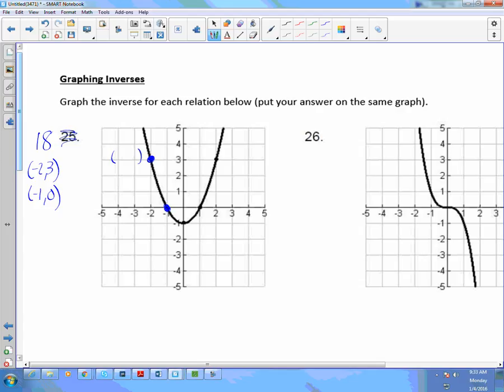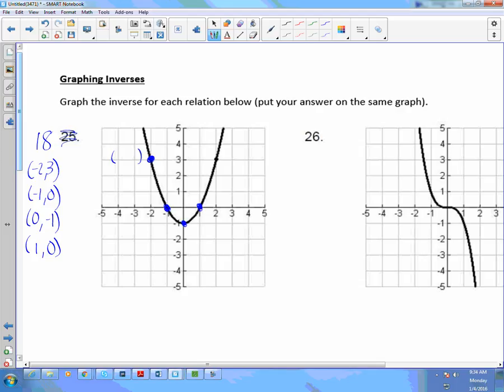Okay, I'm going back. -1. X is 1, and left and down is 0.